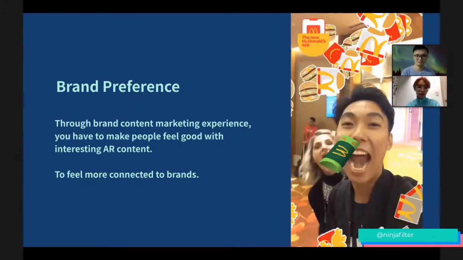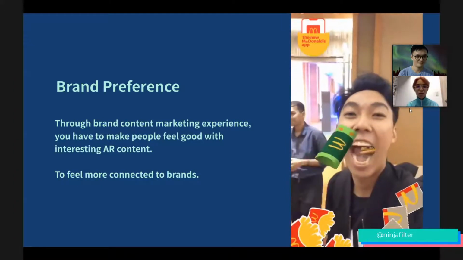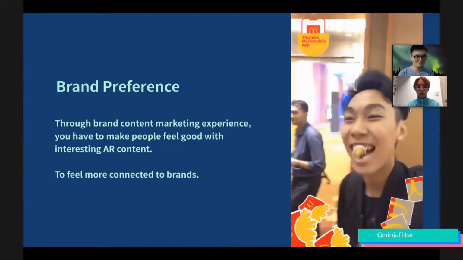Through brand content marketing experience, you have to make people feel good with interesting AR content. You can see this video, and this is a McDonald's filter, and when people use this, they will feel good and can feel more connected to brands. And for example, if you have a sushi store, you can use a sushi AI effect.